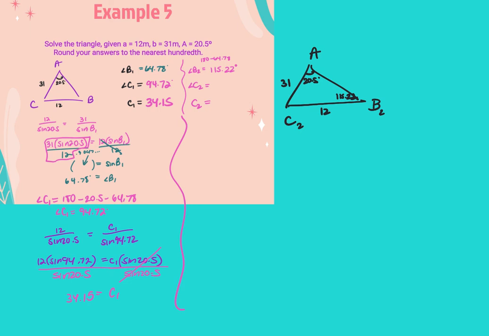Now I've got to find angle C2, which is 180 minus the A that was originally given, minus the B that we found, which is 115.22. So 180 minus 20.5 minus 115.22, which this time is positive. So now I know there is a second triangle.